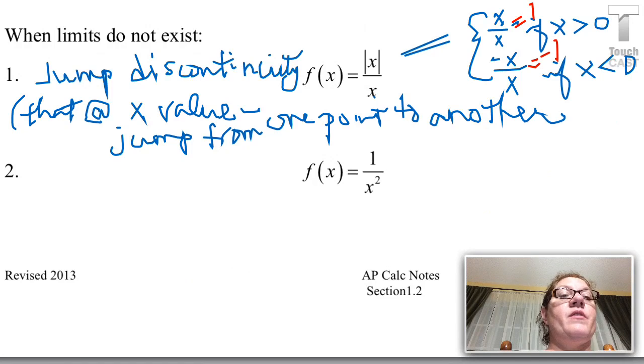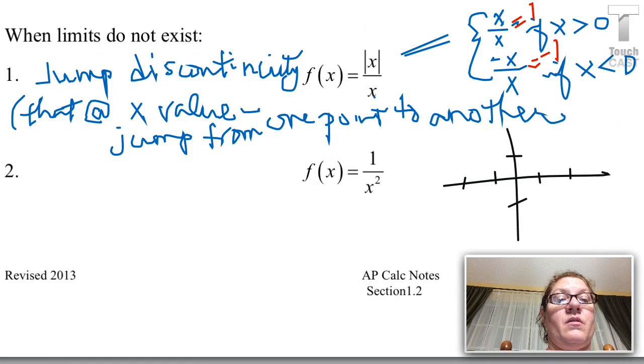So if I were to graph this, from the top, it will look like this, where y is +1. And from the bottom, it'll look like this, where y is -1.